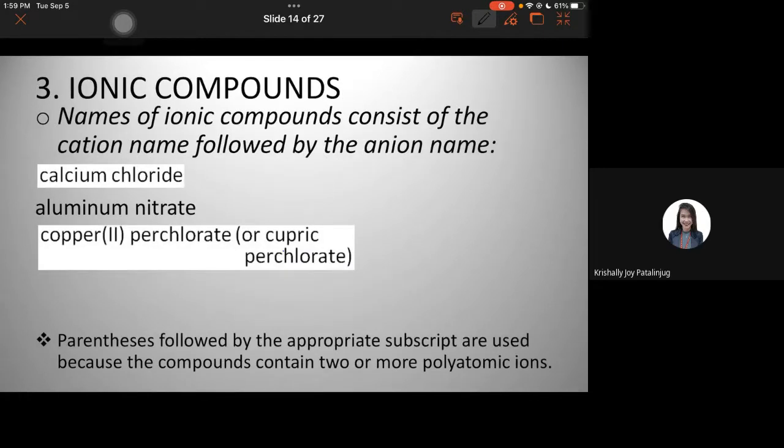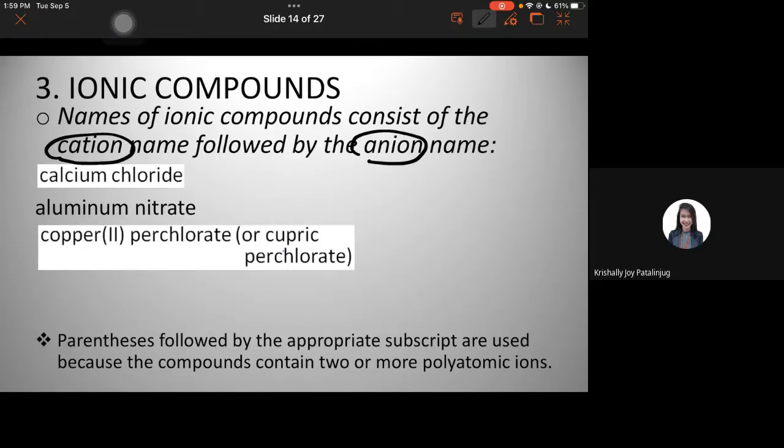Sige, so let's try to name ionic compounds. I already introduced the method in writing ionic compounds. So let's just review. Naming ionic compounds consists of the cation name followed by the anion. So I emphasized this earlier. Cation first, followed by the anion.